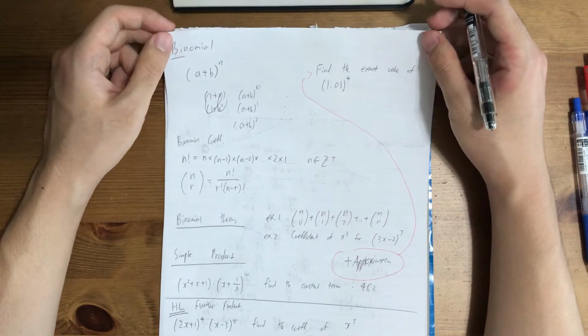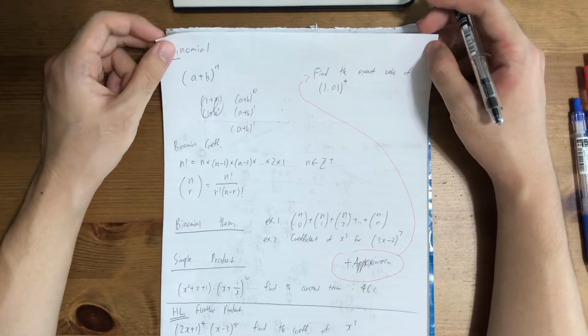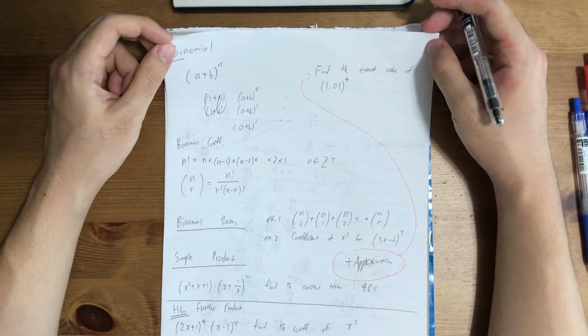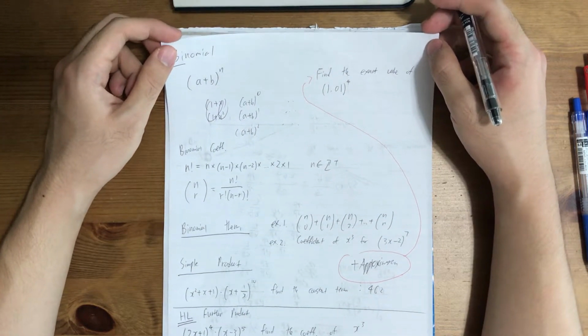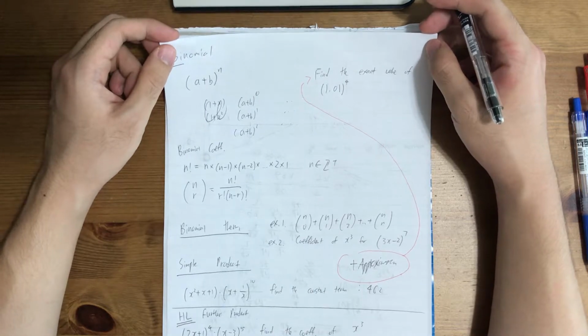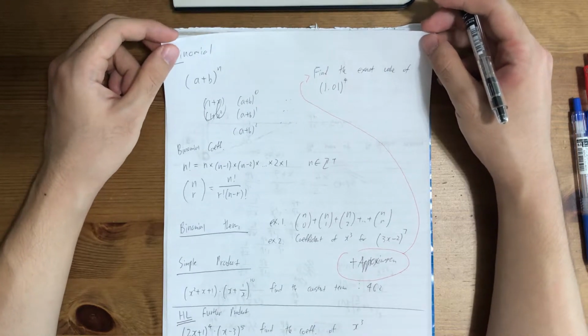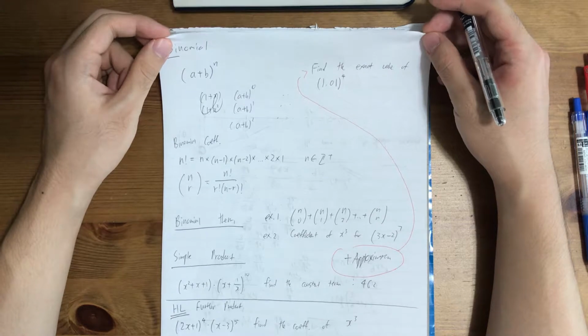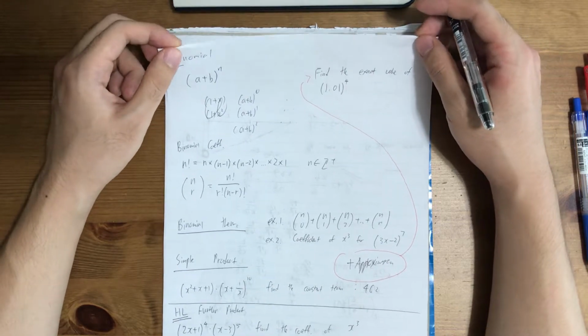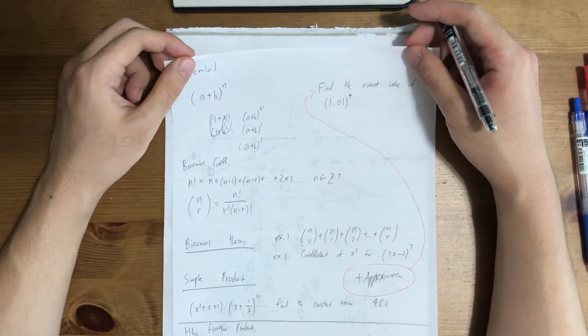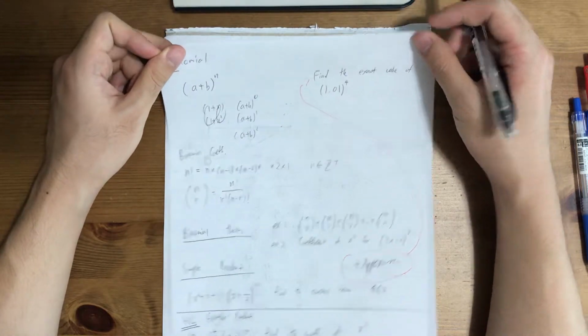Since we don't need that for IB, unless you take the IB HL calculus option, and you will have that a bit in power series. But it's not in the IB core syllabus. So I'll talk about that in a later video. So SL and IGCSE students, you're done for now.